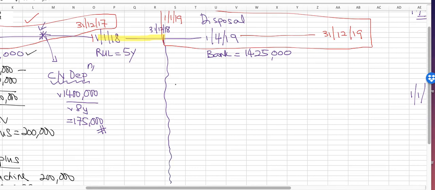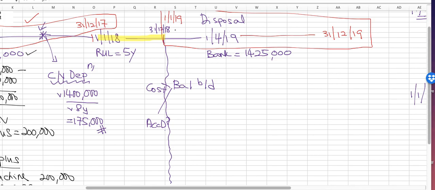Okay. What is the balance BD for the cost in 2019, and for the accumulated depreciation? Remember again, I repeat, balance BD must be a figure that comes from the previous year. Okay, it cannot be figures in the current year.